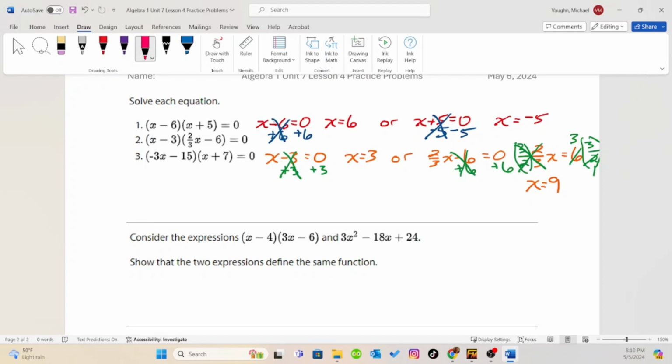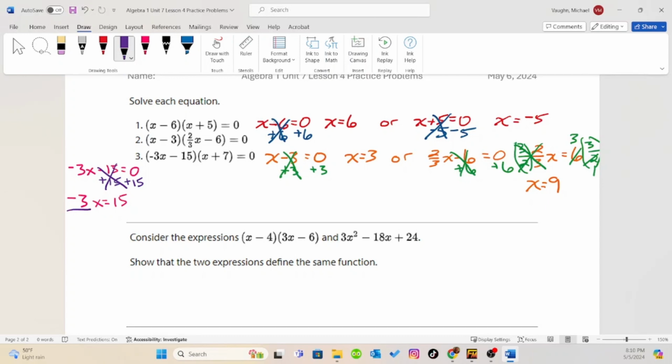And finally, for number 3, we either have negative 3x minus 15 equals 0. We add 15 to both sides. This cancels it out on the left, which leaves us negative 3x equals 15.